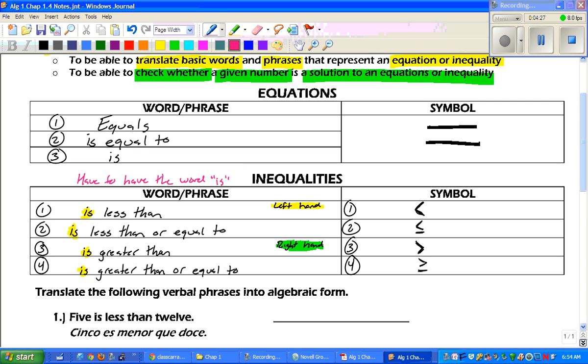Because, especially with this first one, if we just have the word less than, that word means to subtract. And we're not talking about subtracting, we're talking about the is less than symbol. We're talking about that inequality.